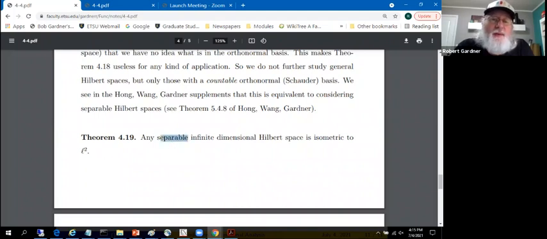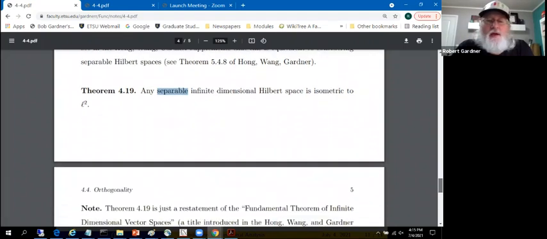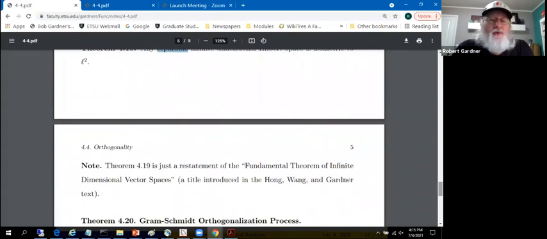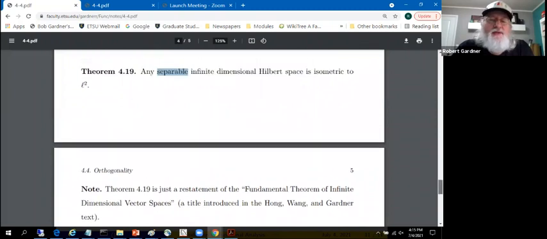Here's the new hypothesis there. We need infinite dimensional. If it's finite dimensional, you know what it's isomorphic to. It's isomorphic to, I don't know, Rn or Cn, scalar field n. So this actually, Promislow's 4.19, this is what I would call the fundamental theorem of infinite dimensional vector spaces.